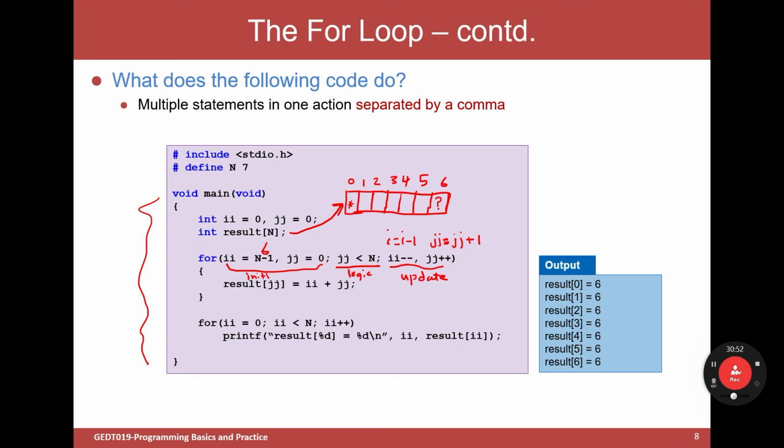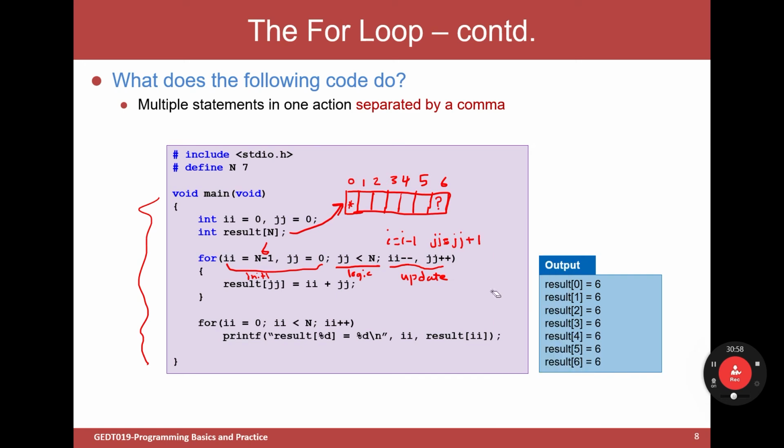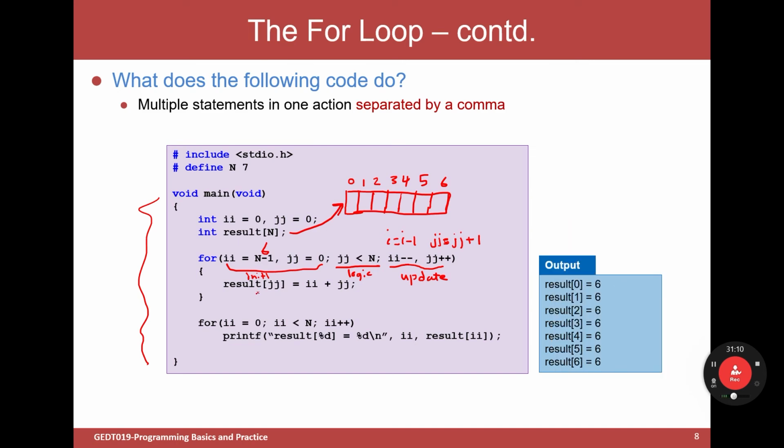Okay, so let's go here. I say result jj, that means result element number 0. Element number 0, that means this guy.